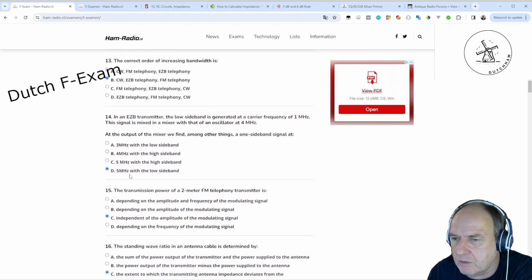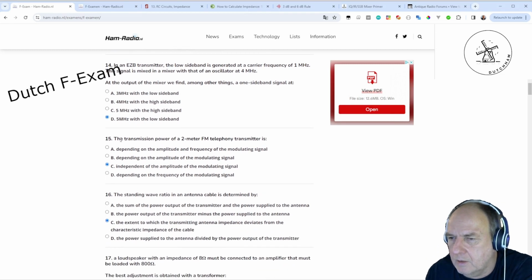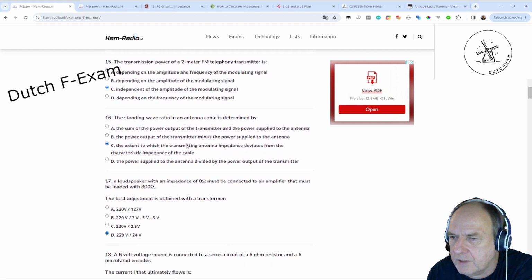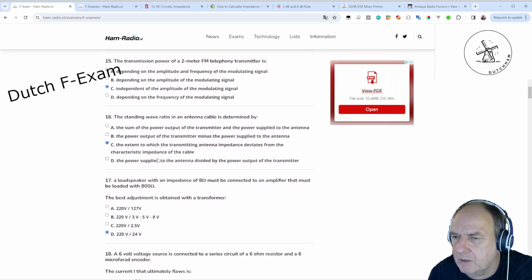The mixing of the signals will be adding up with the low sideband, so it will be 5 megahertz with the low sideband. Transmission power of 2 meter, FM telephony: the transmitter is independent of the amplitude of the modulated signal. Standing wave ratio in the antenna cable is determined by the extent to which the transmitting antenna impedance deviates from the characteristic impedance of the cable.